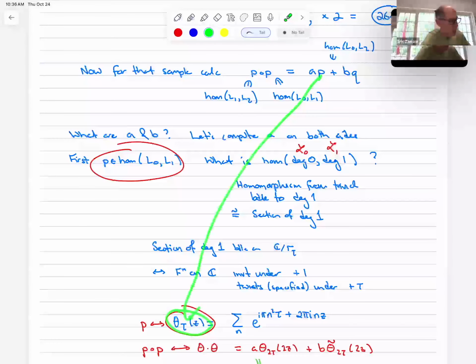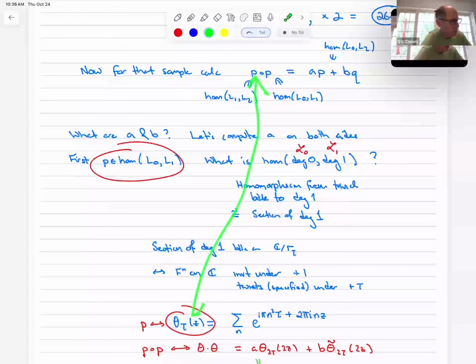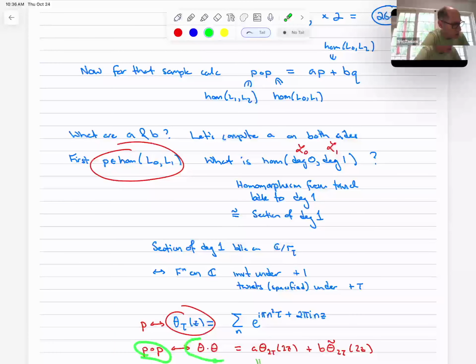So this P corresponds to theta. The other P also corresponds to theta. Then their product, or their composition, should correspond to the composition of the thetas.